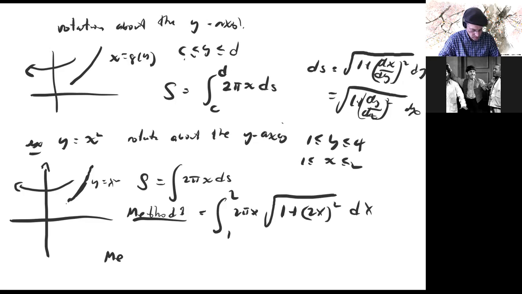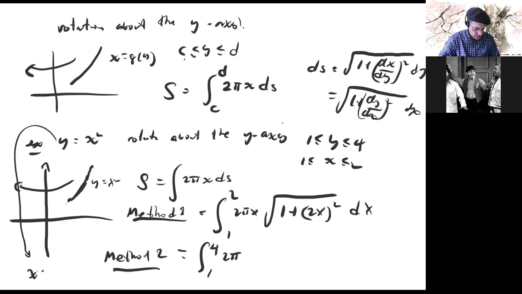Method 2 is to do it in terms of y. So y is going from c to d, so y is going from 1 to 4, and it would be 2 pi. Now, what is the value of x? Well, y is x squared. That's the same thing as x equals the square root of y. So we're trying to get this in terms of y. So it would be 2 pi the square root of y times the square root of 1 plus (dx/dy) squared.